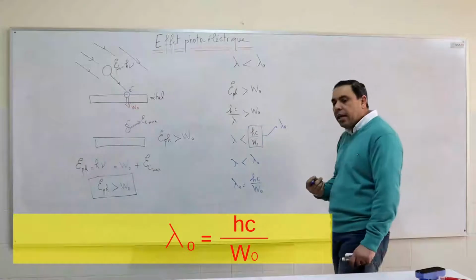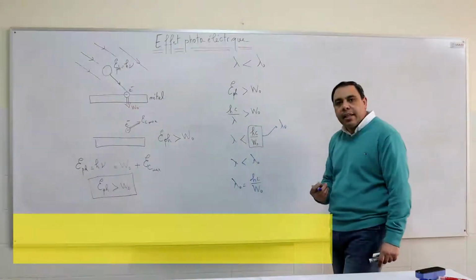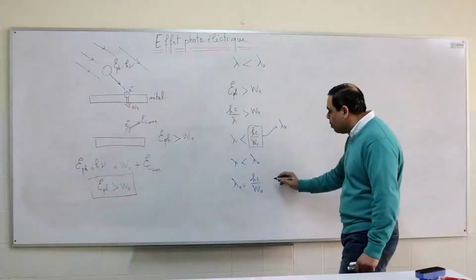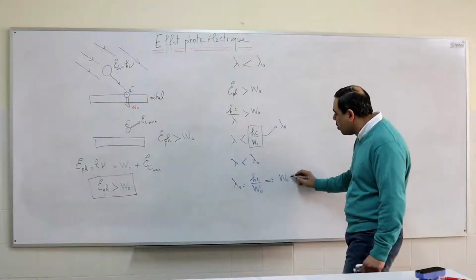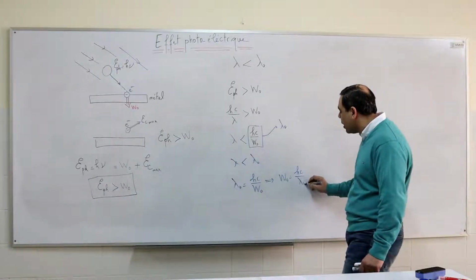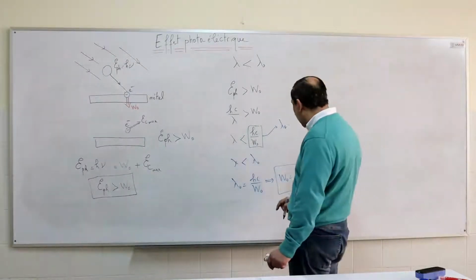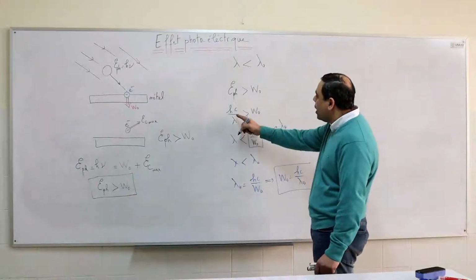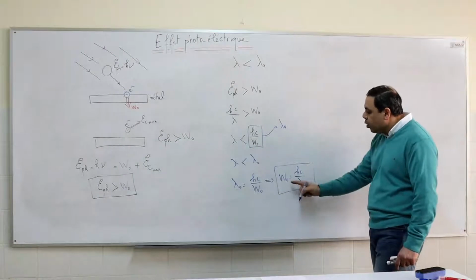To facilitate this expression, we can write W0 as hc over lambda 0. Now if you look at this expression, it is very similar to the energy of the photon that is equal to hc over lambda, since the extraction energy is also hc over lambda 0.